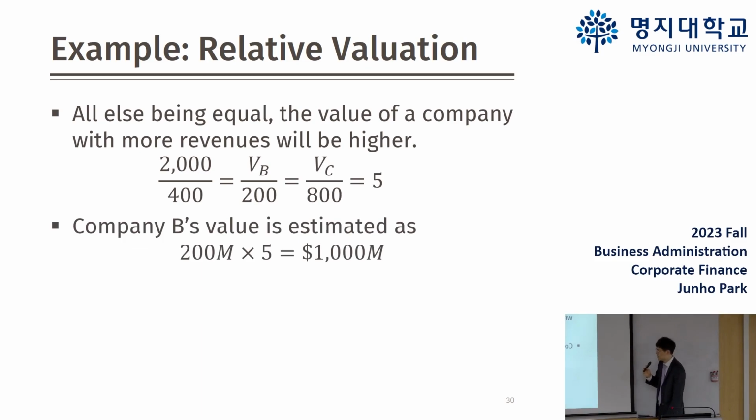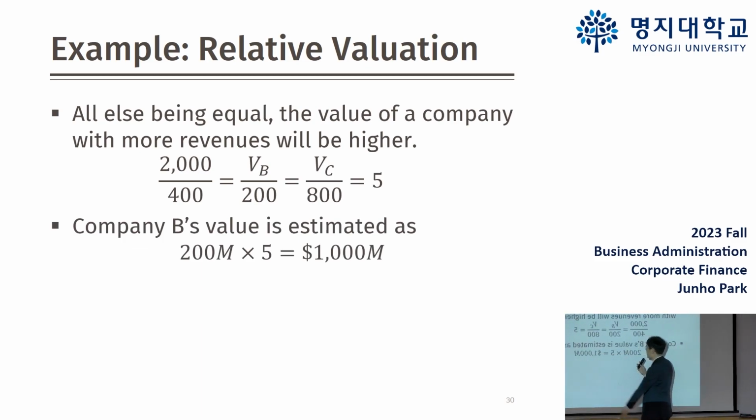So company B's value will be estimated as 1,000, because if we assume that we have a similar relationship between the value of each company and its revenue, we should have the same ratio, which is 5.